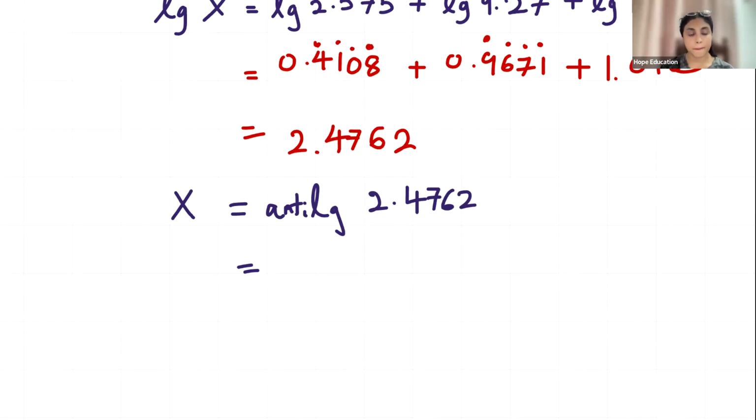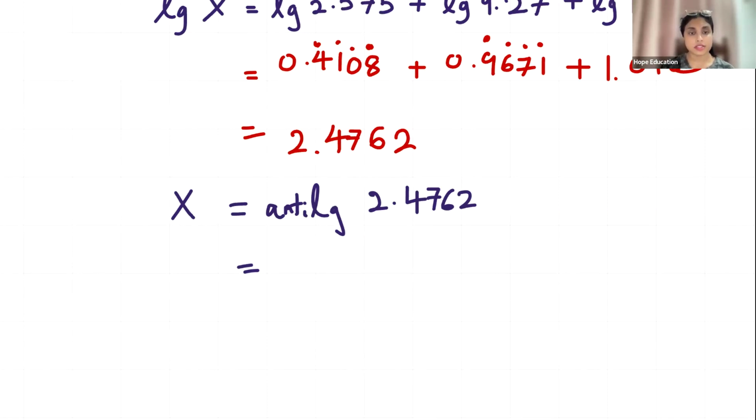Others? Okay. So I have 2 answers in the chat box. 299.3 is one answer. 299.4 is another answer.